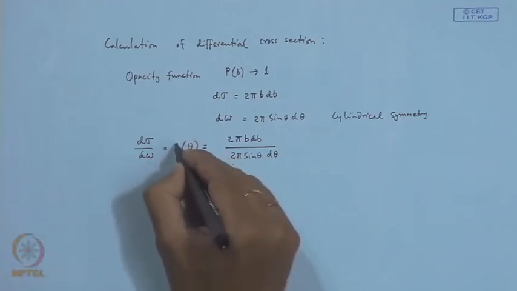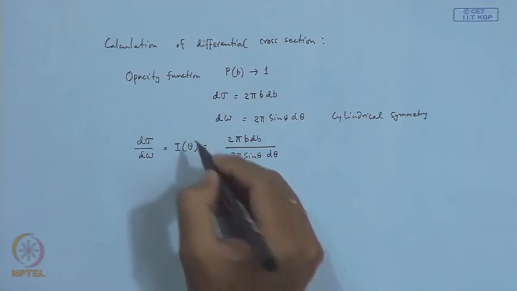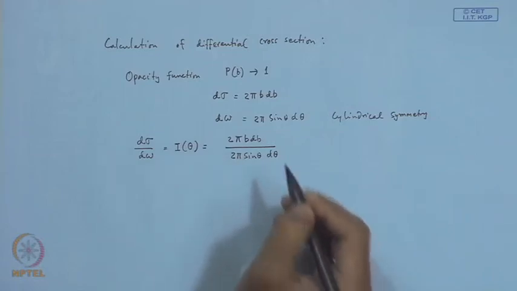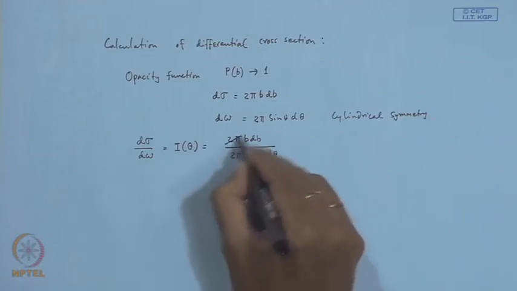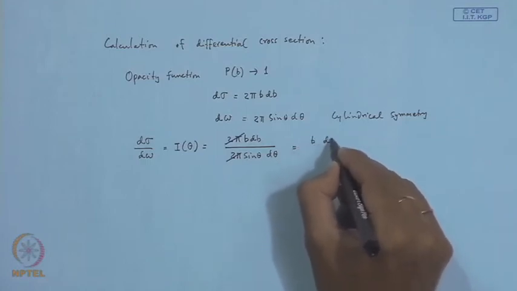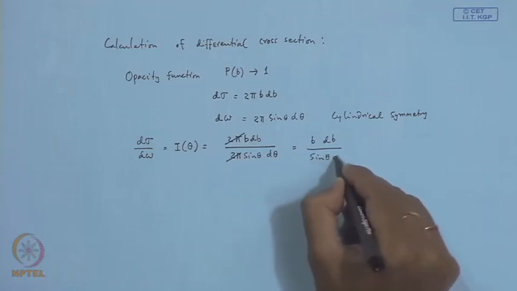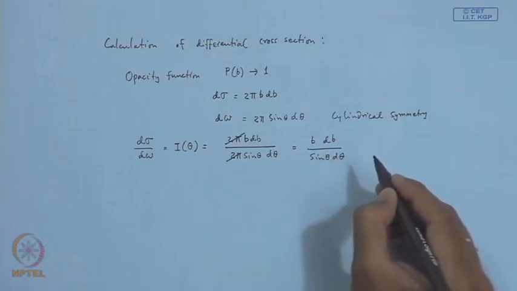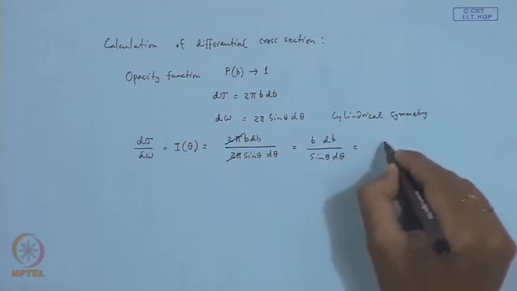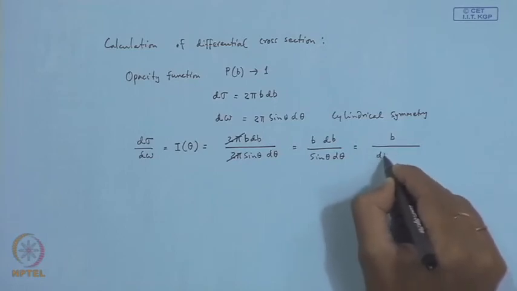Okay, so I theta, that is differential cross section, which is this. Therefore, 2 pi gets cancelled. So, b dB divided by sin theta d theta. Therefore, it is b by sin theta times dB d theta.